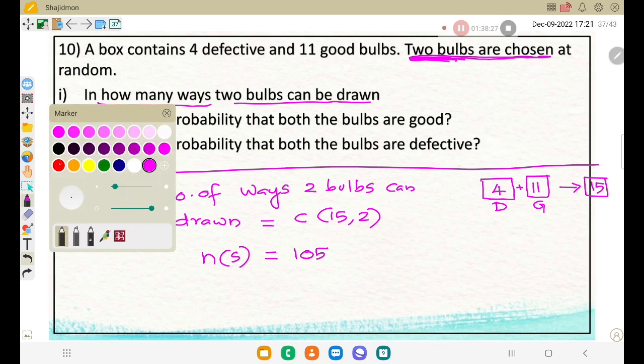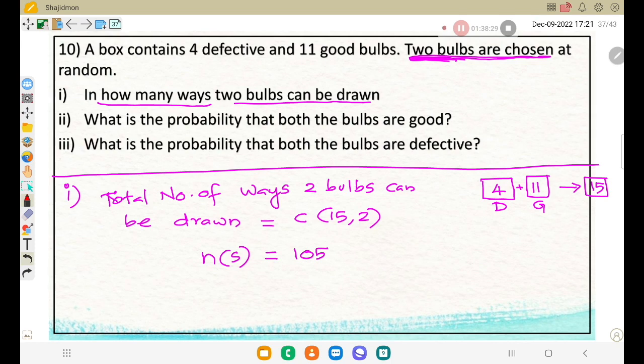Okay, we will go to the second part. What is the second part? What is the probability that both bulbs are good? How many bulbs are we selecting? 2 bulbs. Both bulbs should be good. Okay, so A means the event A. What are we saying?